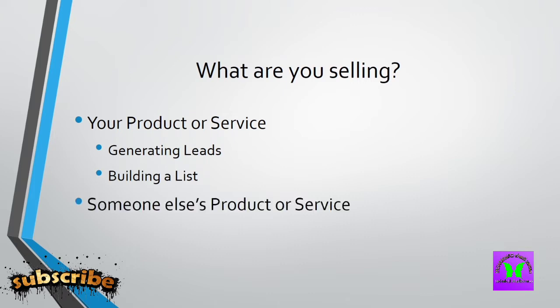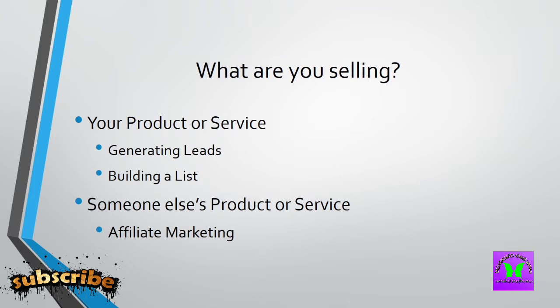Now, the flip side of it is you're selling somebody else's product or service. This can be affiliate marketing. This could be maybe you're promoting their product, taking a specific cut out of their business. I don't know, but only you know your direction better.